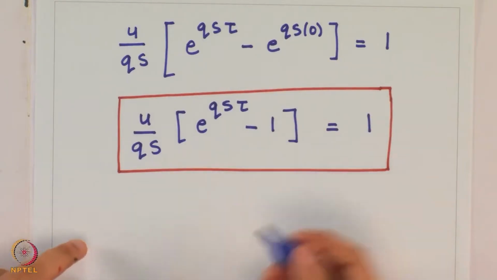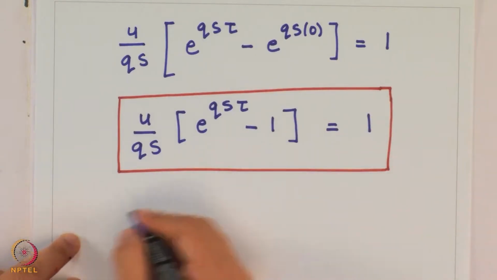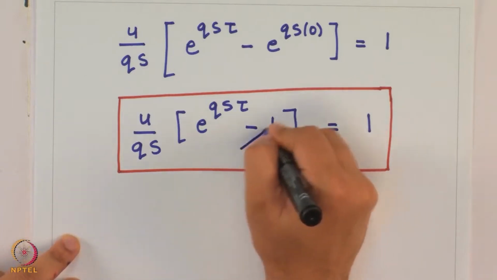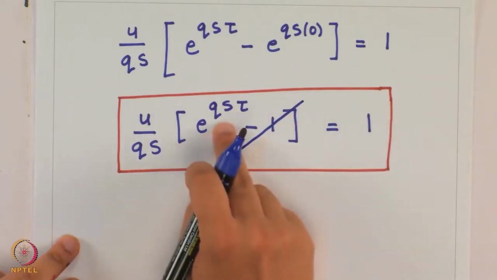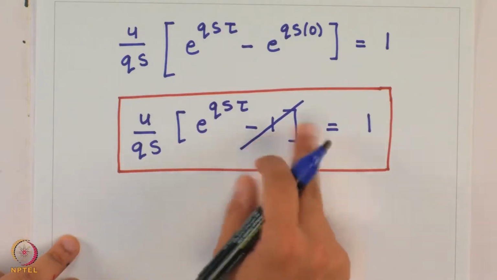And to solve this it's relatively hard, but we can make a simplifying assumption that this -1 quantity is negligible. 1 is negligible as compared to the exponent of this number, and hence we can just drop this.